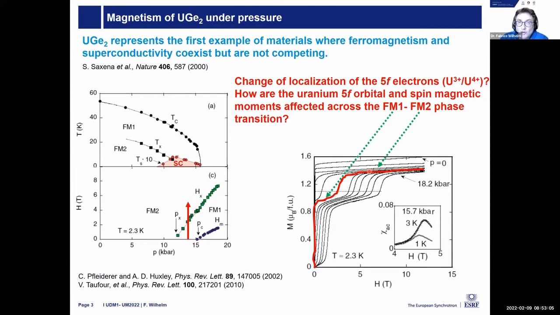Here we would like to show, using XANES and XMCD, that it is possible first of all to see the microscopic origin of these different magnetic phases. The question is now, how are the uranium 5f orbital and spin magnetic moments affected across the ferromagnetic phase 1 and phase 2 transition, and what's going on with the electron localization?